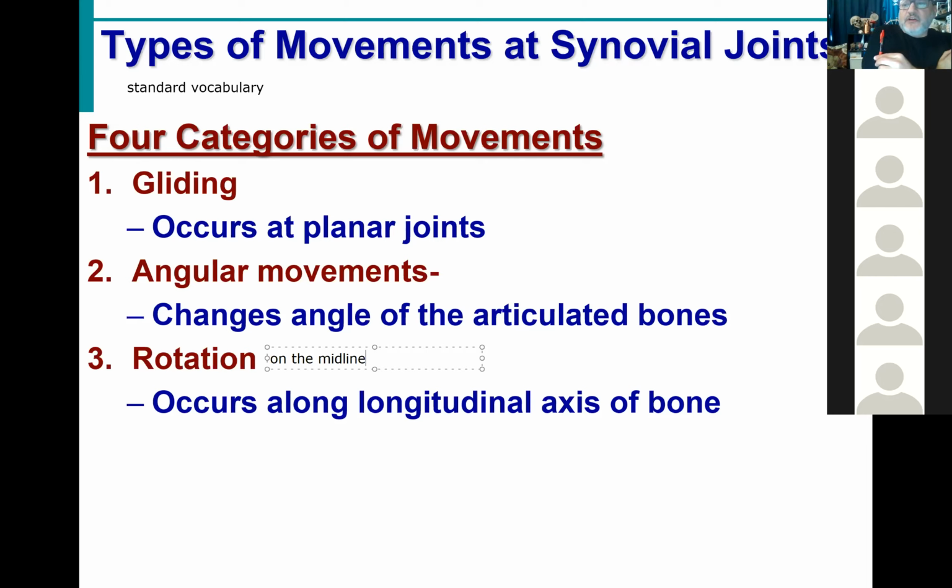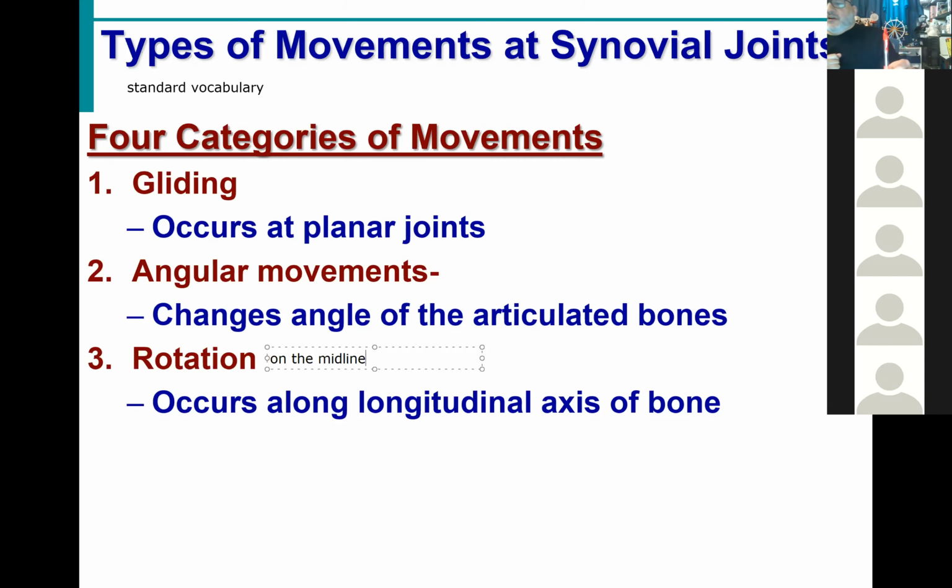When I'm over here on the right side of my body, a rotation of my humerus where the anterior surface goes towards the midline, then we call that a medial rotation. Whereas if the anterior surface goes away from the midline, then that is a lateral rotation. So notice over here on my right side, that would be a lateral rotation.